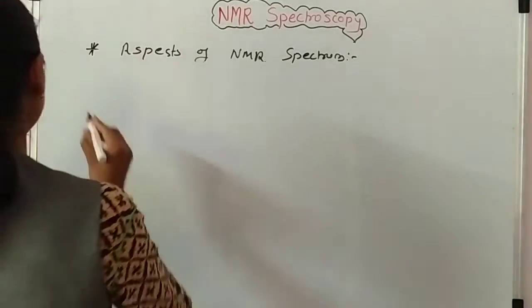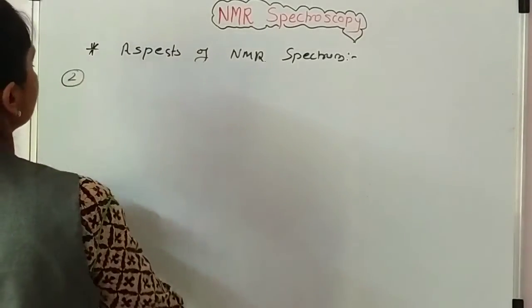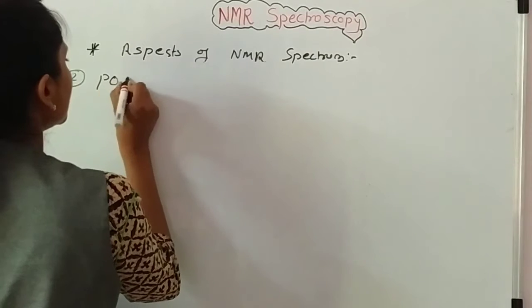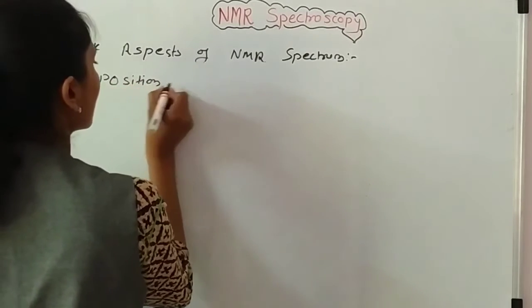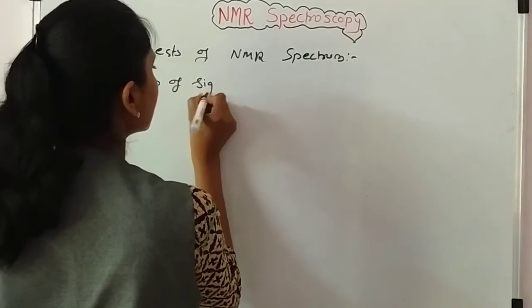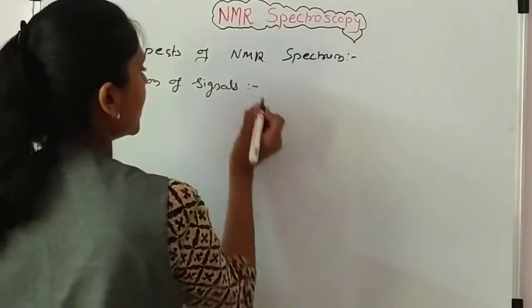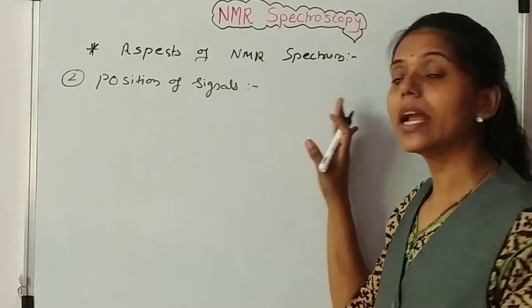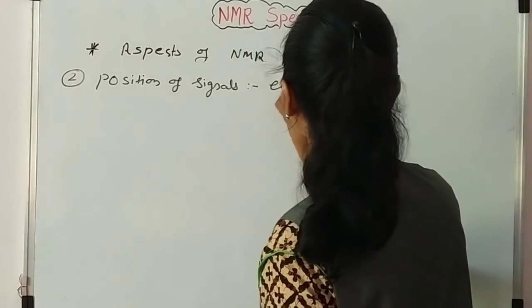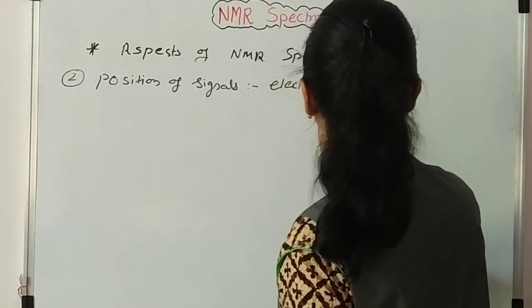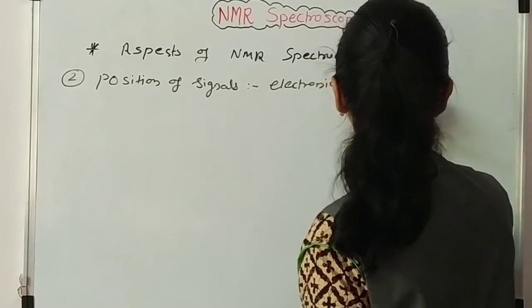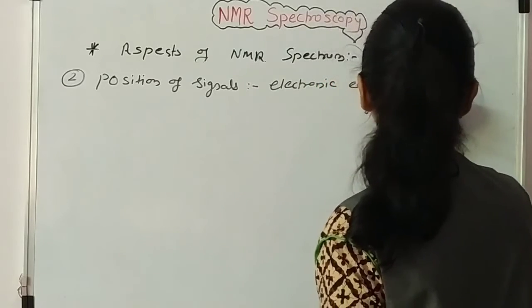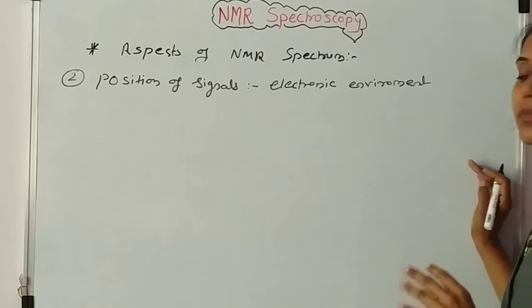Now we study the second aspect of the NMR spectrum. It is the position of signals. It gives the information about the electronic environment. Electronic environment of whom?